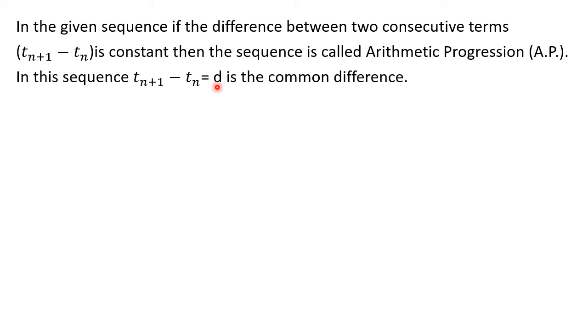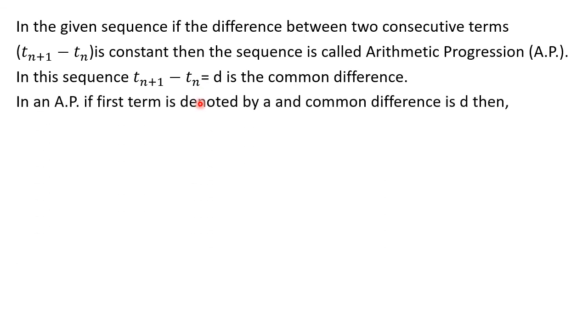So the formula for d is Tn plus 1 minus Tn, where n can take various values. N is a whole number, you can say, or n is a natural number, you can say. So for example, if value of n is 1, then 1 plus 1 is 2. T2 minus T1. You are subtracting the previous term from the next term, and then you are getting the common difference. So this is the formula for D. Formula for D is Tn plus 1 minus Tn.